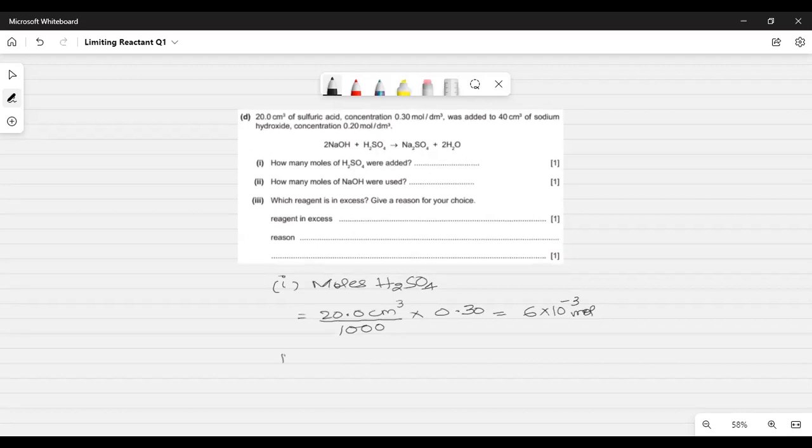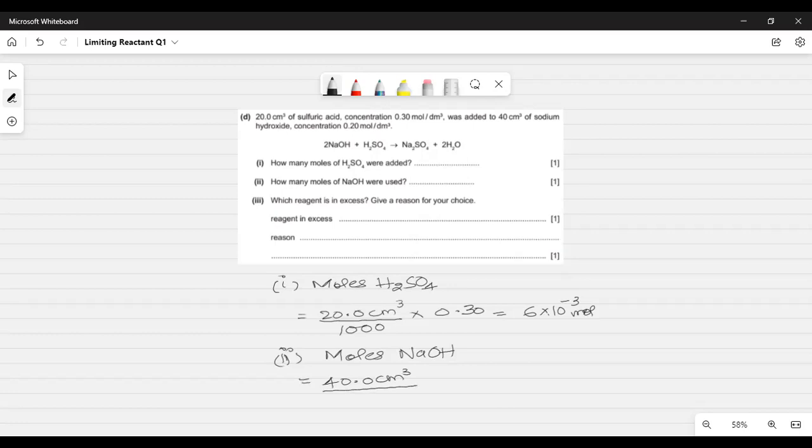Okay? And for part 2, we need moles of NaOH. In case of NaOH, we have 40.0 cubic centimeter of NaOH. It's actually 40, but for three significant figures, I can convert it into 40.0.